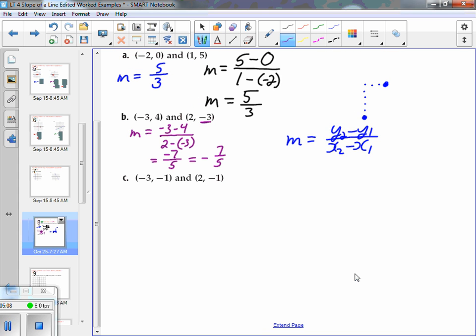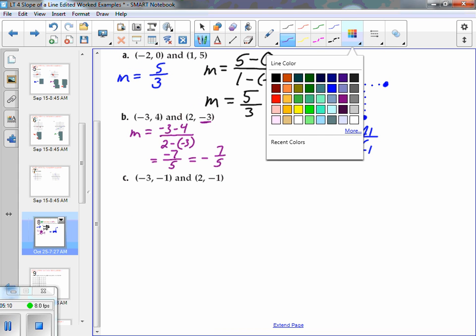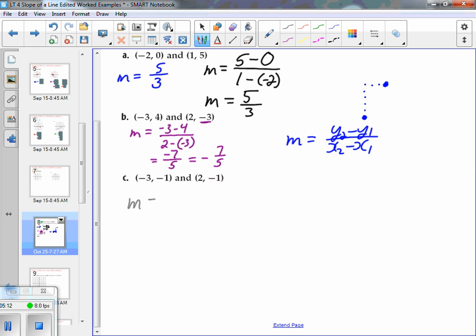All right, on C. M equals. Then I'm using the formula again. Which of those numbers is y2? Yep, that -1 right there, minus, and then which of those numbers is y1? The other -1, divided by, what's x2? 2 minus -3.